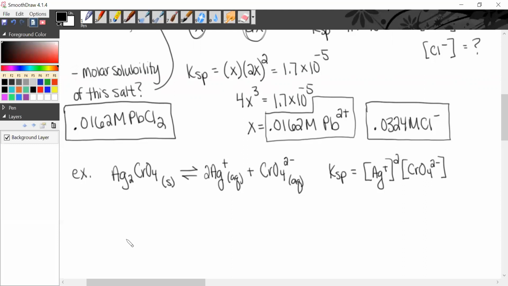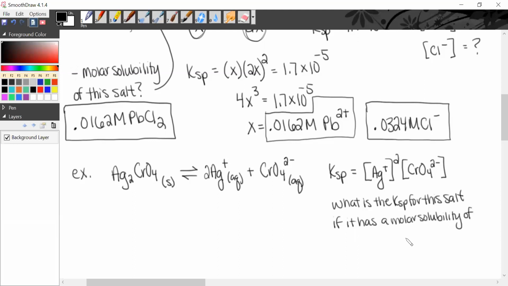Another type of problem that you're going to see is asking you, what is the Ksp for this salt if it has a molar solubility of 6.5 times 10 to the negative 5th molar.